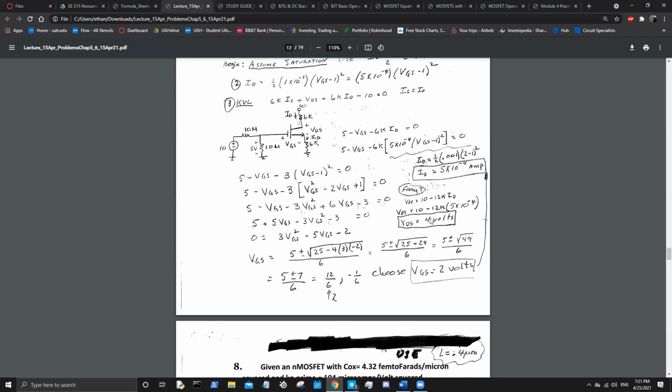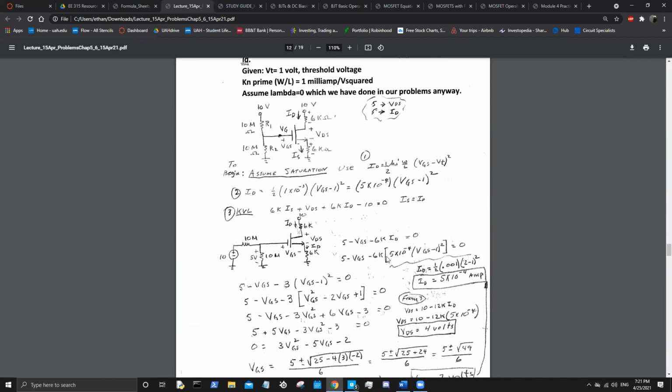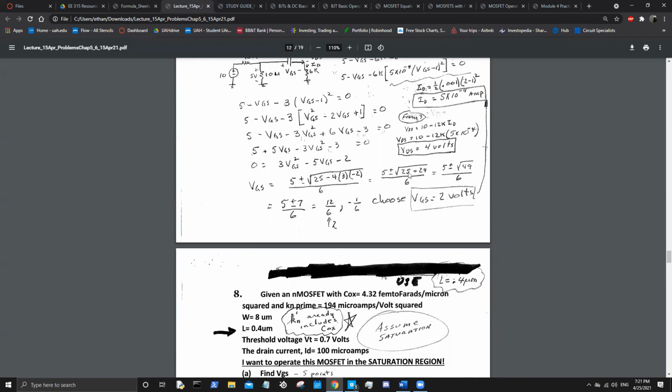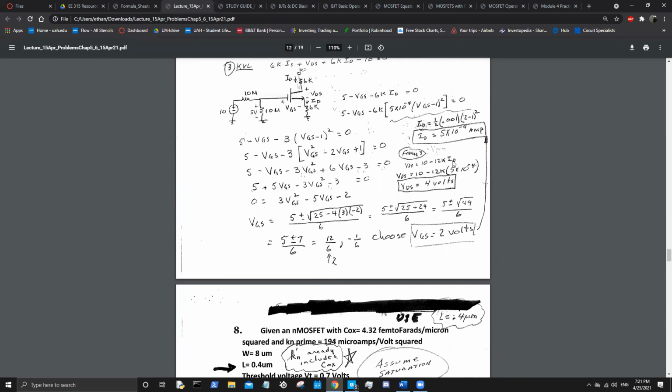Right, so this actually isn't that bad. If they're both positive, you pick the one that's greater than VT. Then we solve for VDS. He solves for ID now that he has VGS, and then takes ID and solves for VDS.